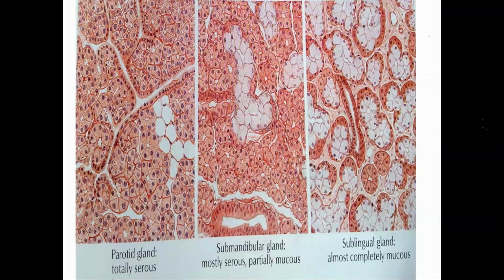Preganglionic has to relay on the ganglion; we have studied this in the autonomic nervous system. So how do preganglionic fibers arise? They arise from the inferior salivatory nucleus of the medulla.